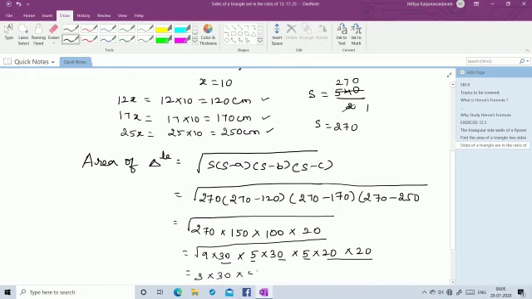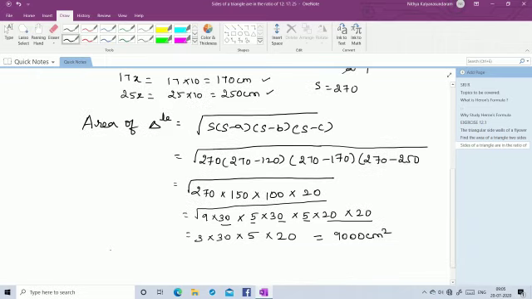Then 30, 5, then 20. So 30 into 3 into 5 into 20. Once you multiply, you will get 9000 centimeter square. So the area of triangle is equal to 9000 centimeter square.